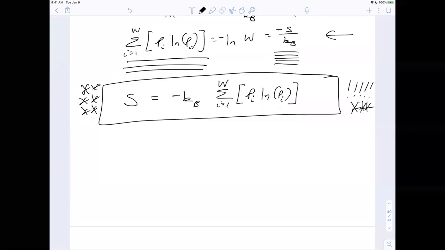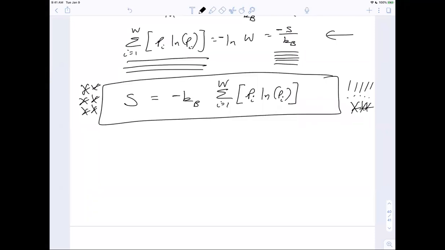Okay. So anyway, it's getting late, so I'm going to stop here. But this discussion I hope everyone followed. It's the third way we'll consider entropy, and it's the probabilistic view of entropy. So any questions or comments? Again, p sub i is the probability of observing a particular microstate.